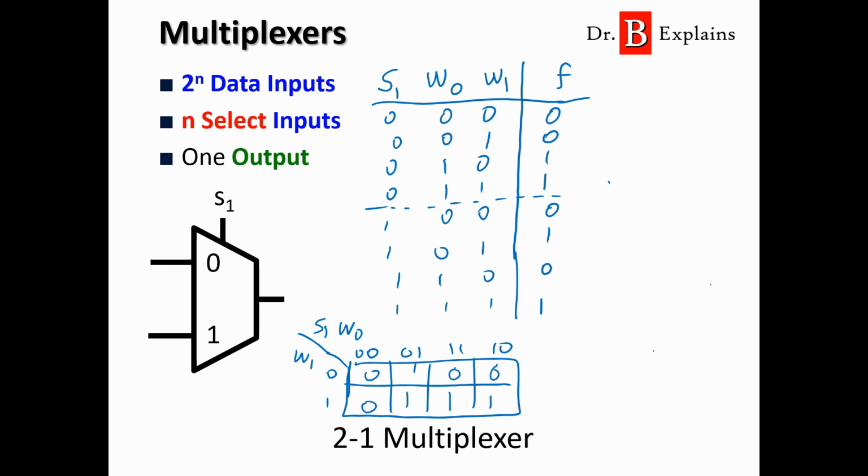I would circle this one, probably just this and this. Okay, so for the green one we have S1 not W0, and for the red one we have S1 W1, right? So the final function will be F equals S1 not W0 plus S1 W1.